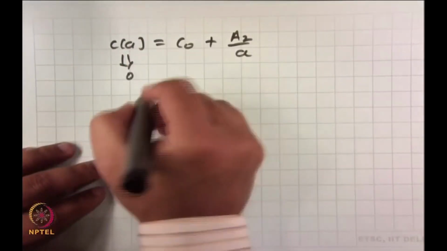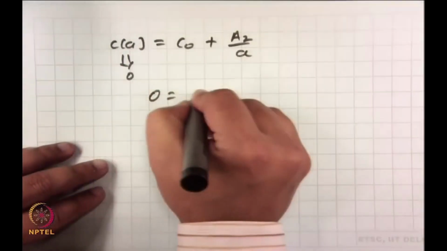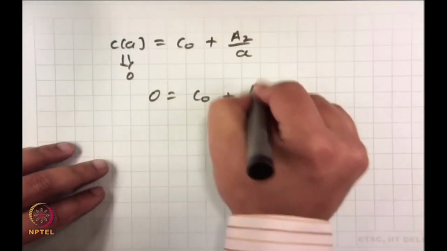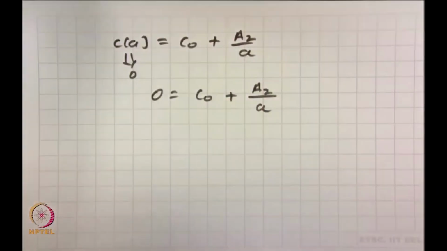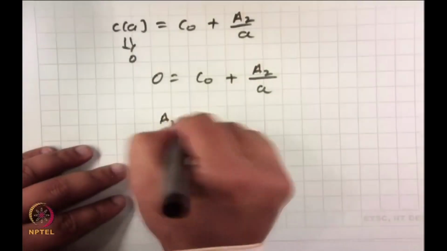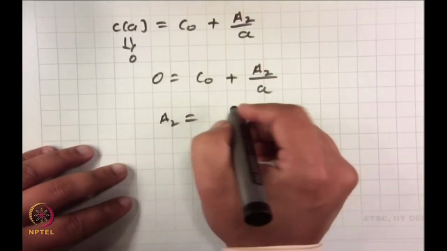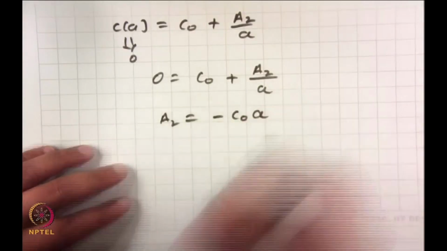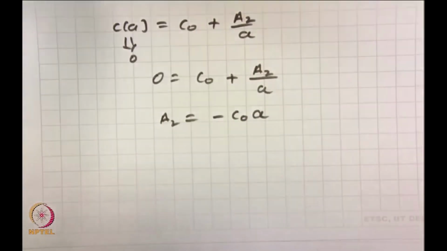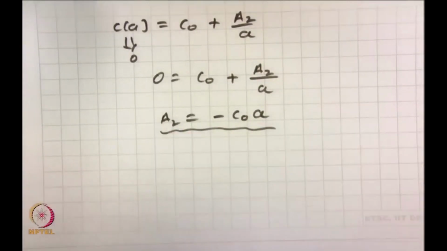Therefore, 0 is equal to C naught plus A2 over A. So, what is A2 equal to? Minus C naught A.